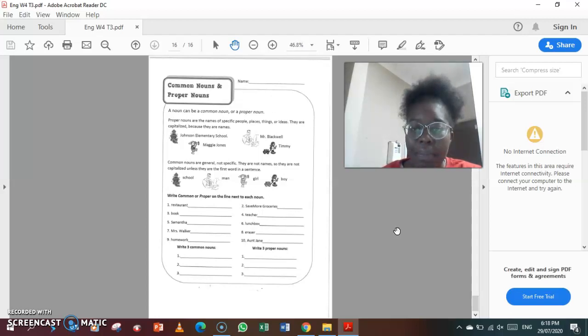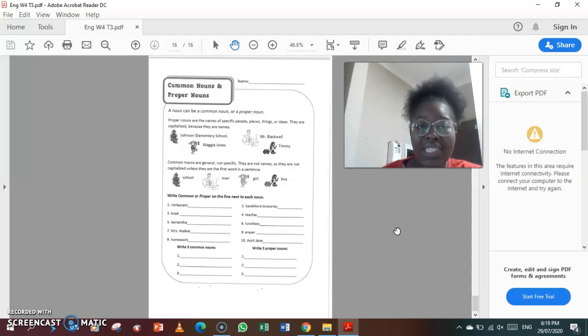So a specific name of a person, a place, or a thing, year one, is a proper noun. For instance, Marilia, that's a proper noun, because it's my name. The International School of Walvis Bay is also a proper noun. So, proper nouns always have capital letters.